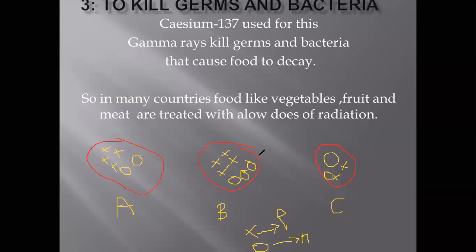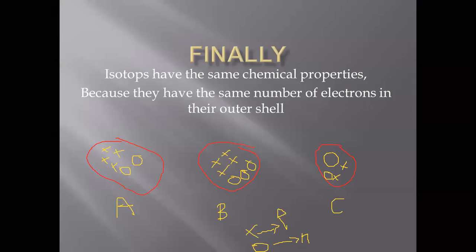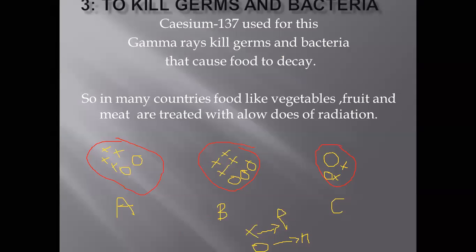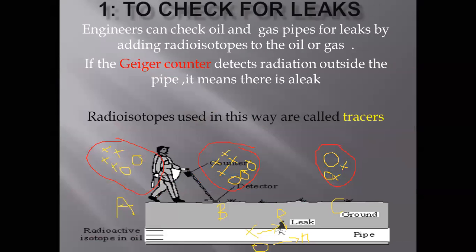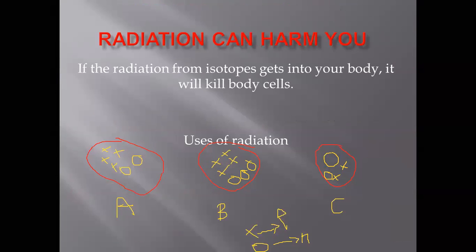Okay, clear? And we talked about uses of isotopes. As you see here, the uses of isotopes are very, very important. So you have to be aware of the uses of isotopes here: to kill germs and bacteria, to treat cancer, to check for leaks. Thank you for listening. Now I'm ready to receive any question from anyone.